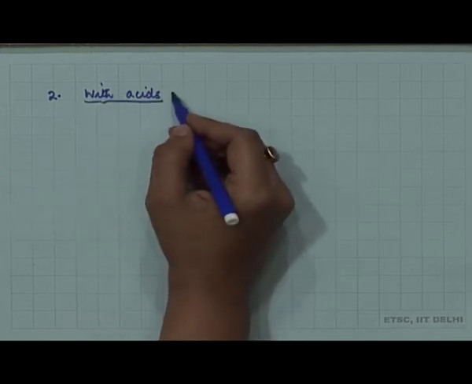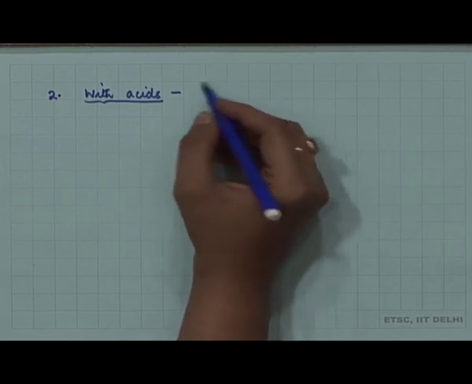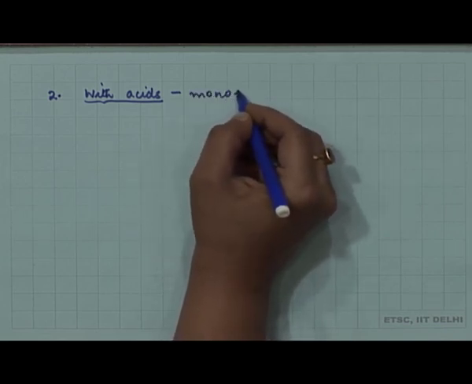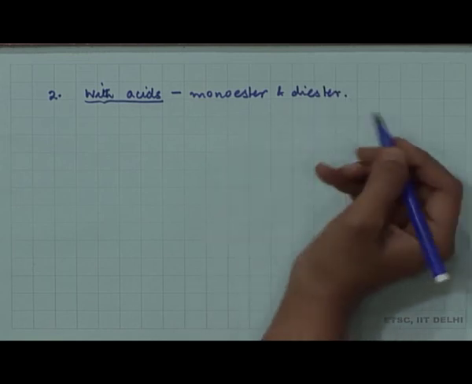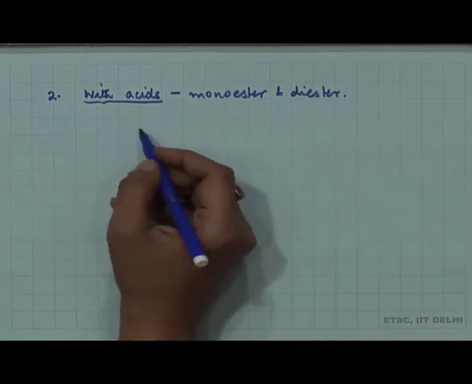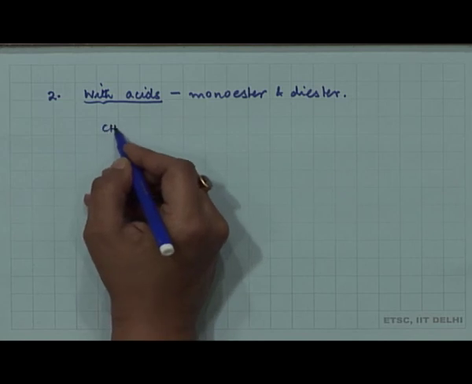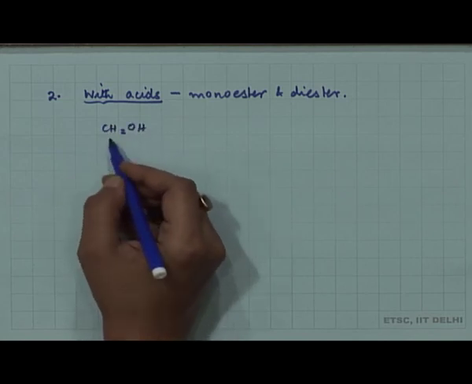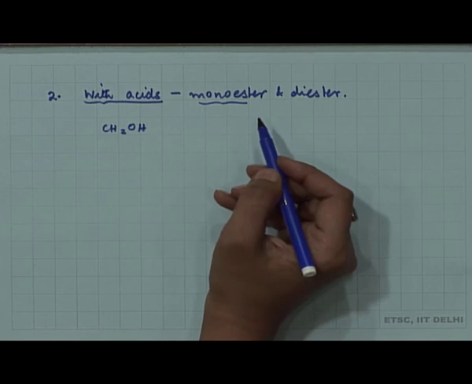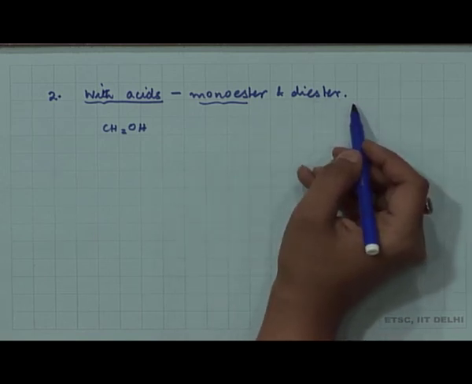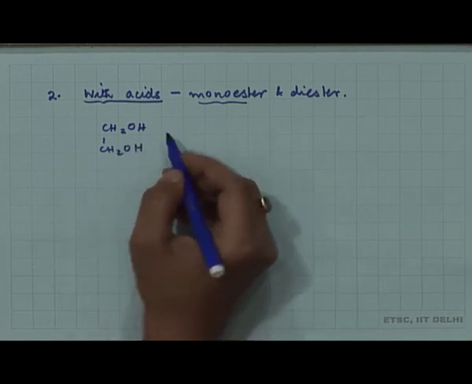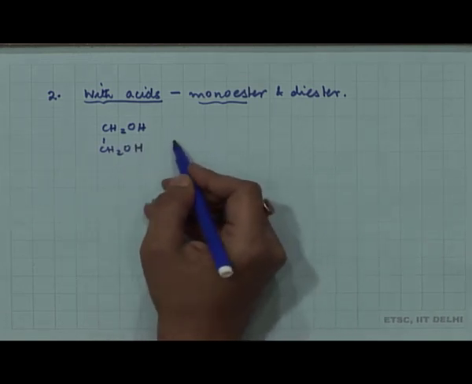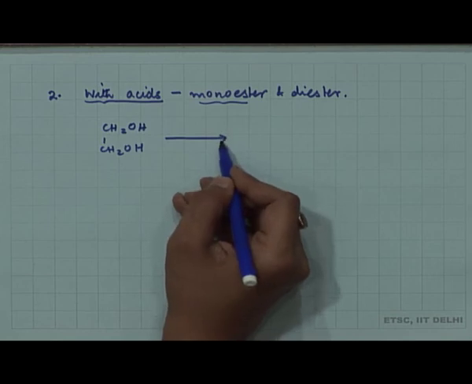Alcohols on treatment with acids give you esters, and diols are no different. So, you will end up with a monoester and a diester. It depends upon the stoichiometry of the reaction, the conditions, and temperature, and this will decide whether you end up with a single product which is a diester completely, or a mixture of a monoester and a diester. That depends upon the stoichiometry of the reactants and the conditions employed.